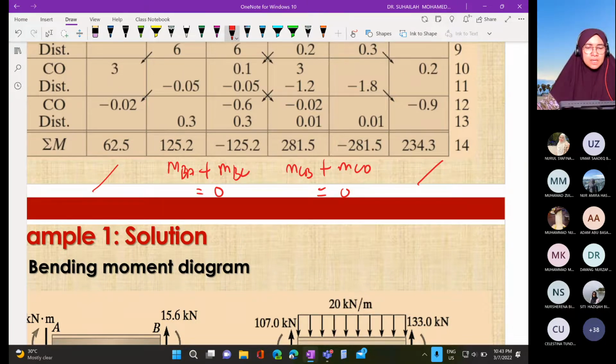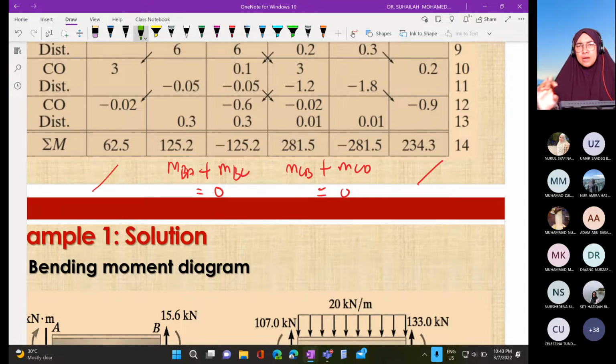And from this actually we can sketch the bending moment diagram, because this is bending moment value. So by using moment distribution method, we can actually get the bending moment diagram easily.